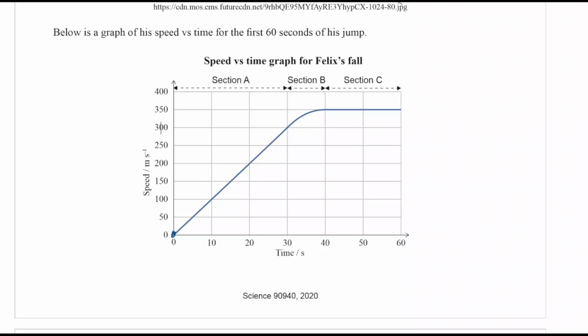So just to summarize this, we know in section A, his speed is increasing, so he's accelerating. In section C, he's traveling at a constant speed because it's a horizontal line. Constant speed. And we can actually read off that speed. That is 350 meters per second. And in section B, to go from accelerating to a constant speed, what needs to happen?